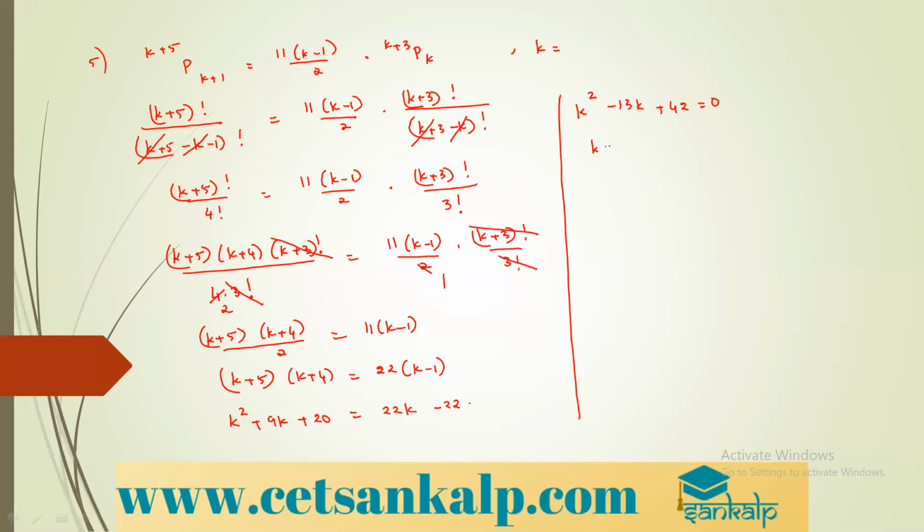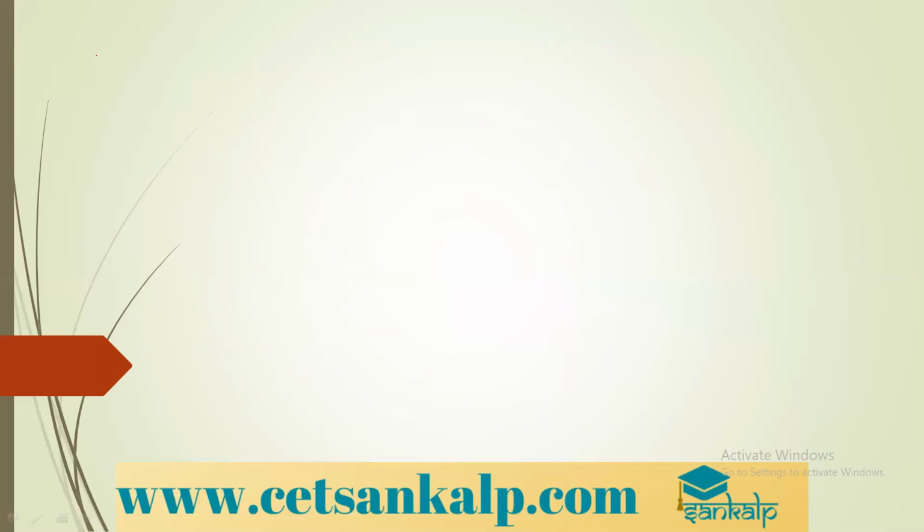I can factorize it as k minus 6 into k minus 7 equal to 0. So the values of k I get are 6 and 7. Whatever is given in the options, you can go for that. Next, let us take question number 6.